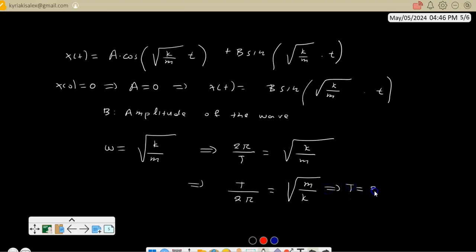T equals 2 pi square root of m divided by k. This is the period of the oscillation of a vibrating spring.